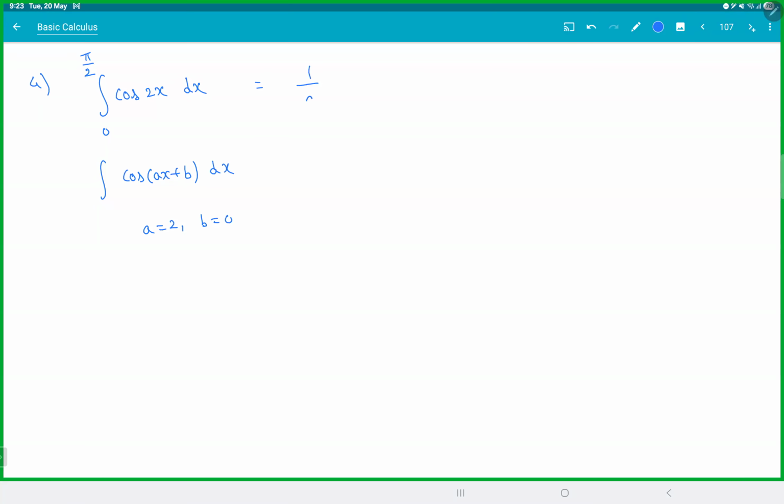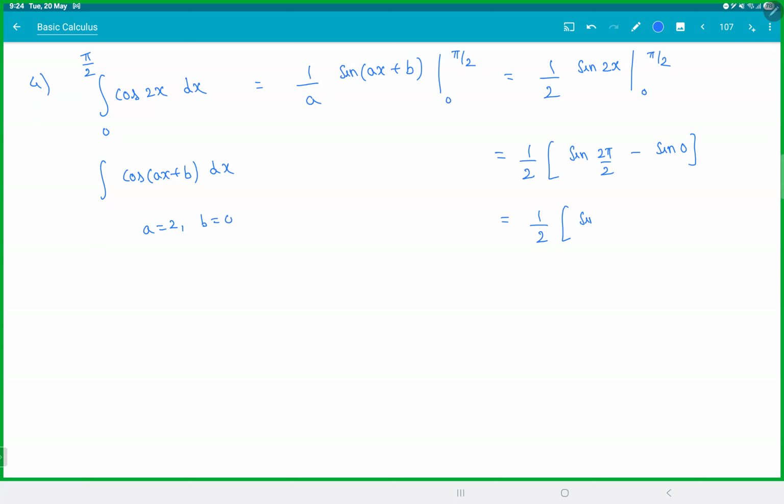The formula for this is 1 by a sin(ax + b). So this is half, sin 2x, limits 0 to 90. That will be sin 2 pi by 2 and sin 0. This would be half sin pi, and sin 0 is 0.